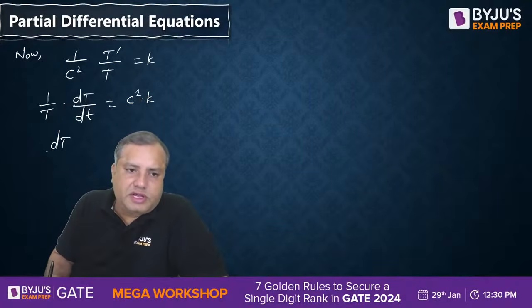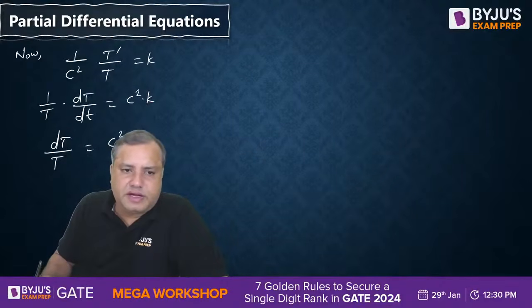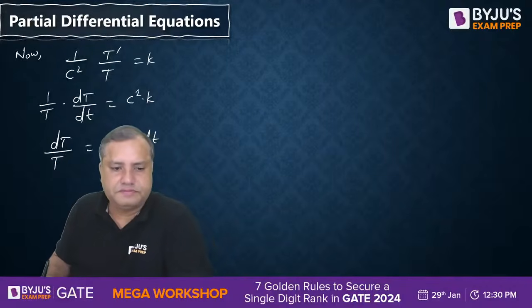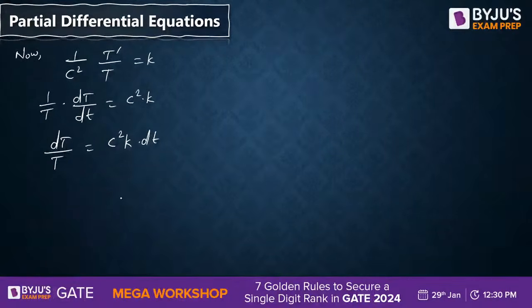So dT upon capital T equal to c square k dt. Integrate both sides. So log T. Students, stay tuned here. C square k, integration of dt will be t.